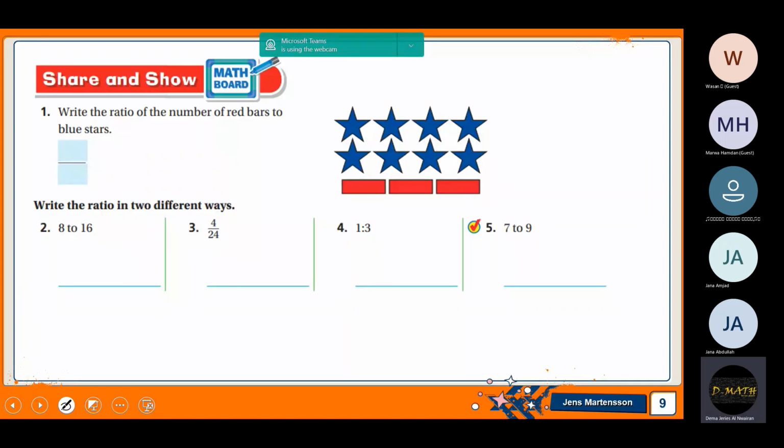There are 3 red bars. 3 will be up. Yes, bravo. And the 8 will be down. Yeah. Thank you. Now, the second one, yeah, Sama.